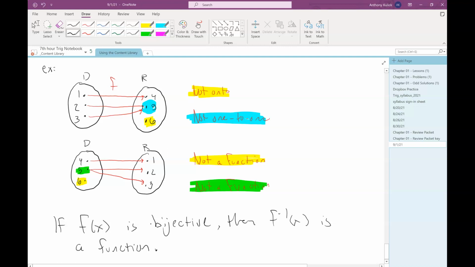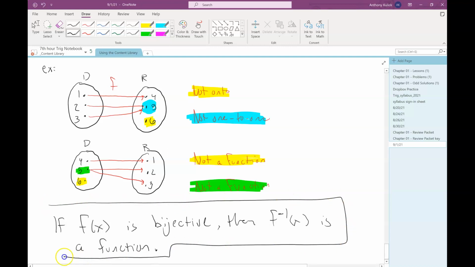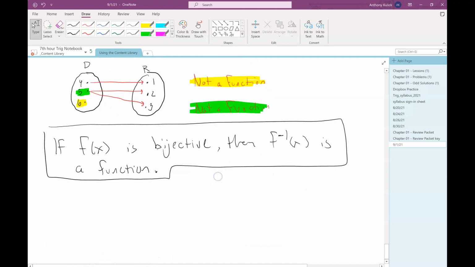So my check to tell if f inverse of x will be a function or not is I can just check f to see if it's one-to-one and onto. Joe? So if it is one-to-one and it is onto, that's when we can say it's bijective? Yes. So in this case, it would not be bijective, right? Correct. So this is my big conclusion, though, that I'm reaching.